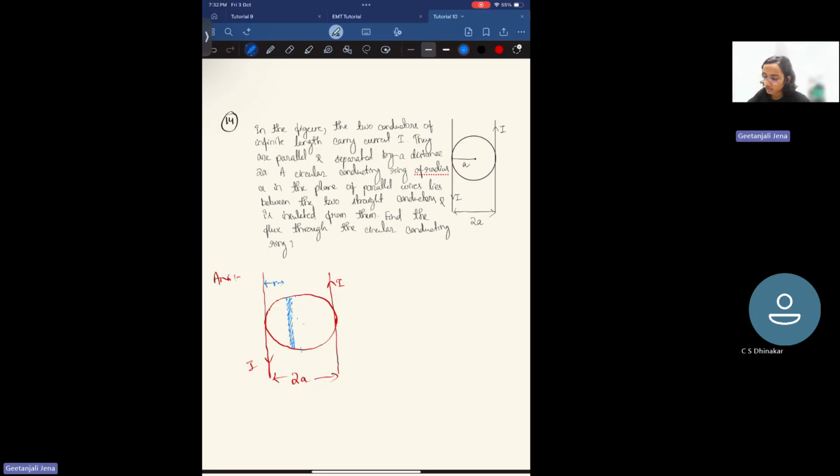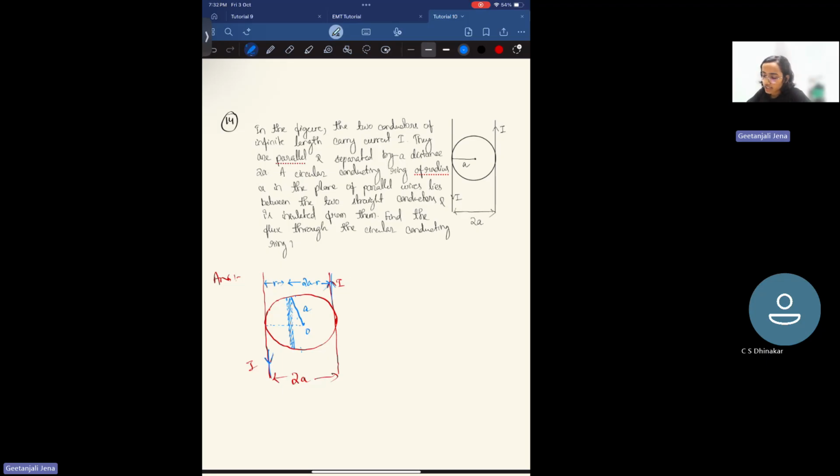This is dr length. This is the center. Radius A. This is also A. Okay. This is also distance R. That means this distance is 2A minus R. And at this point, what is the magnetic field due to these two wires?